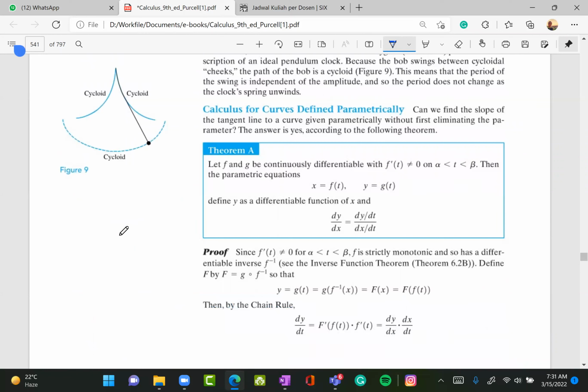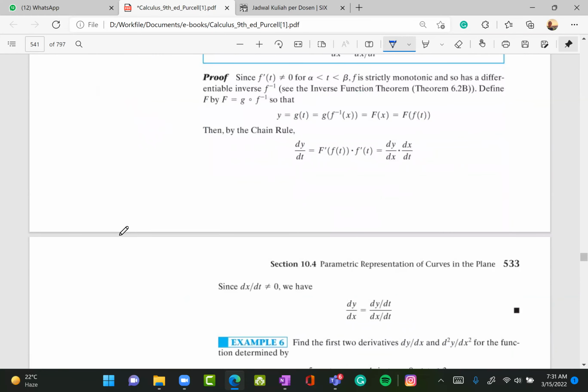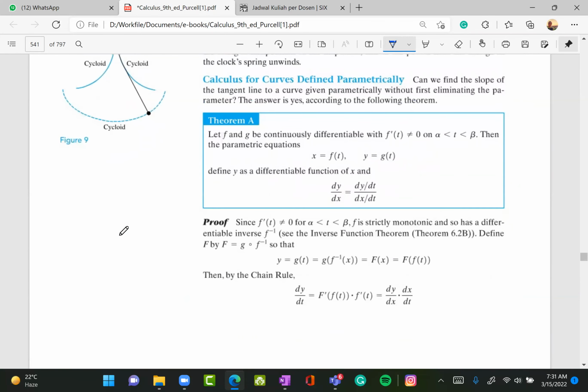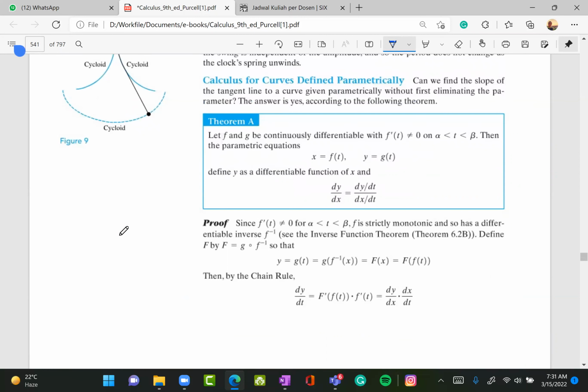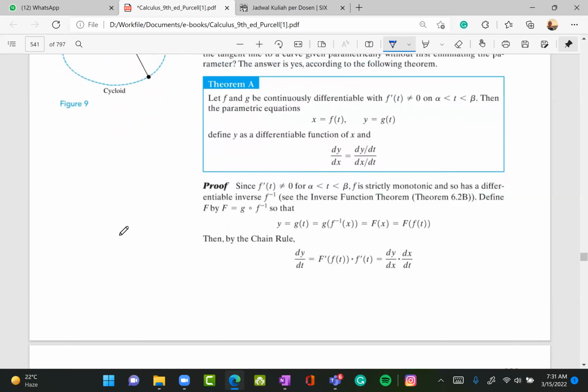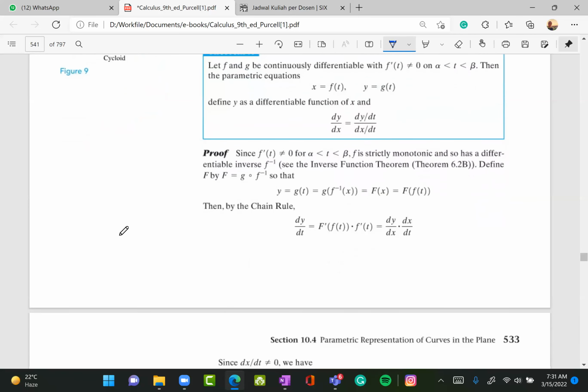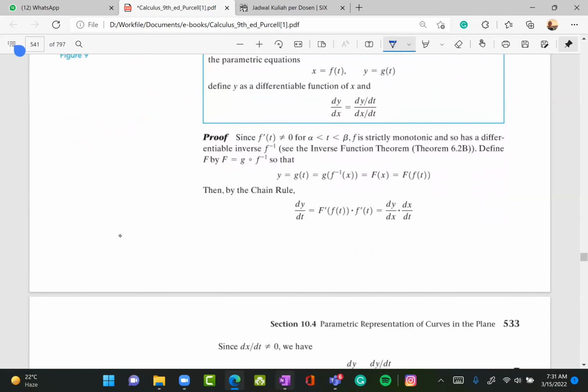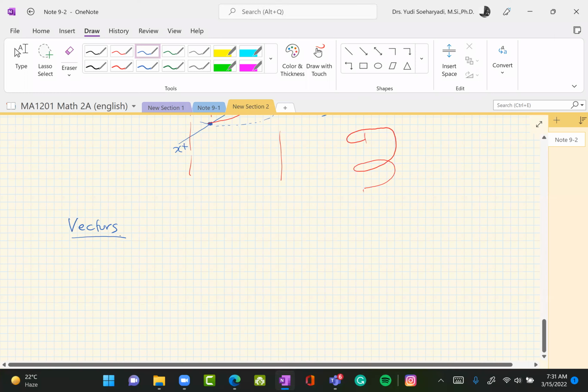Let's see. Okay, let's do some before that. Yeah, forgot to do this one. Okay, let's go back to here. Let's do some calculus on this curve.